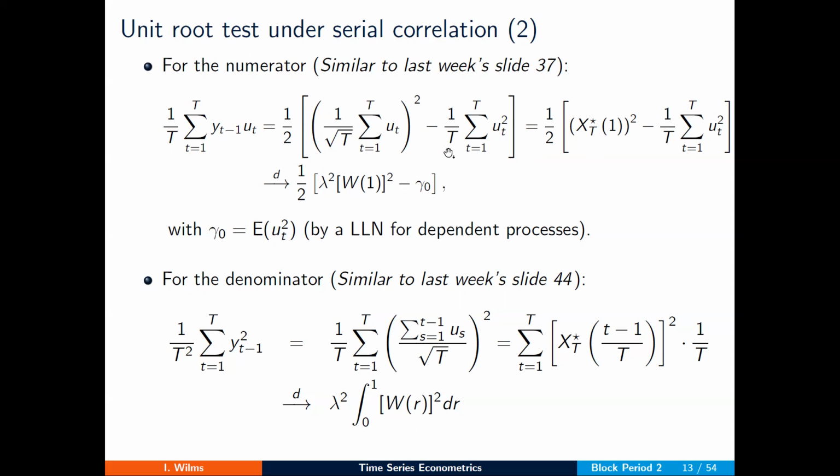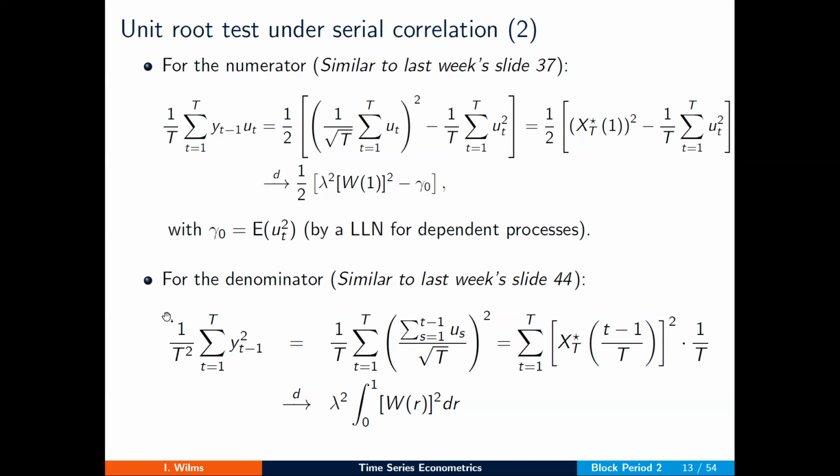For the last term, we need scaling by 1 over T, because the law of large numbers will simply tell us that this goes to the expected value of the squared errors, denoted by gamma naught. So indeed, 1 over T is the scaling we need for the numerator, and we have derived its limiting distribution.